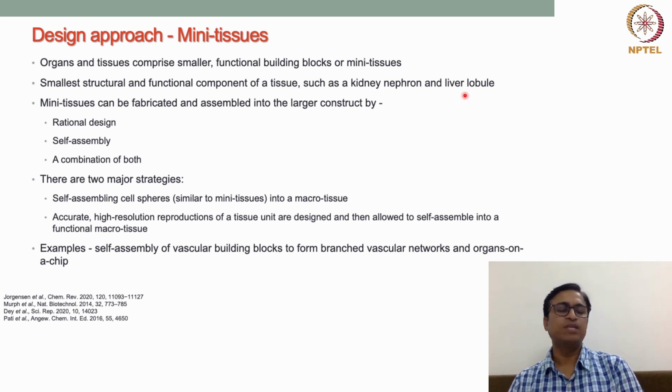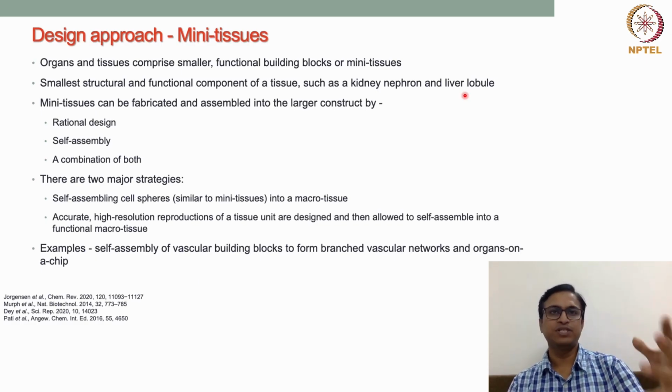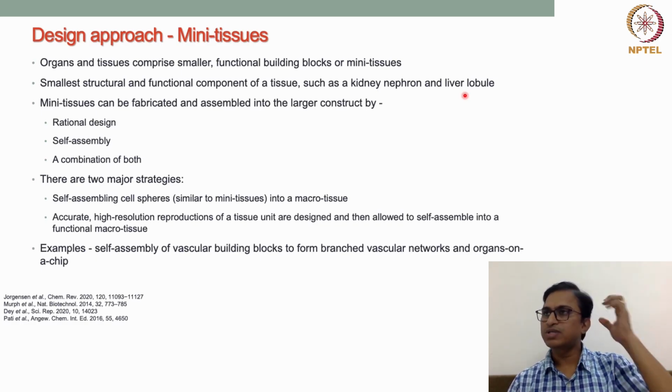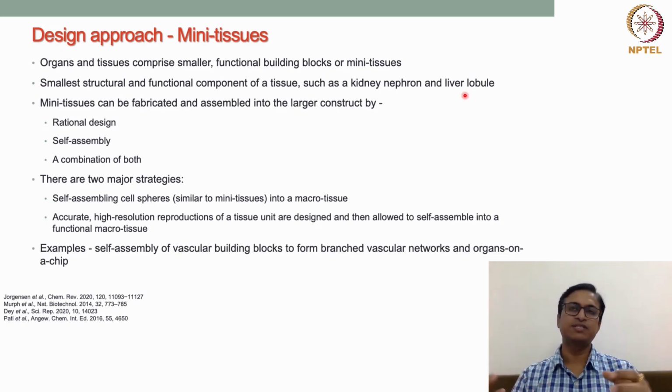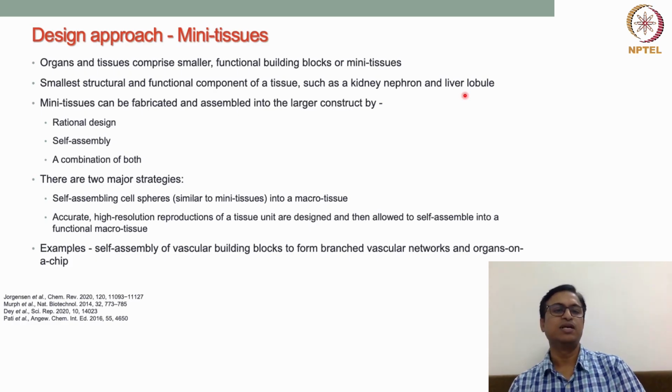In certain cases, a combination of both can be used: rational designing of the tissue building blocks, and also connecting these tissue blocks or self-assembling the cells together to develop the small tissue blocks. Any of these approaches can be used for developing these mini tissues, and then that can be used to develop the whole functional tissue.